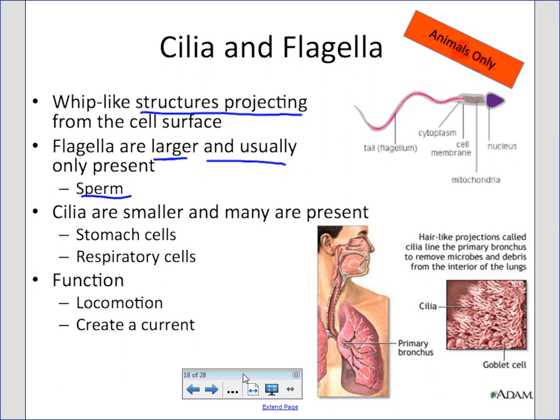Cilia are a lot smaller and are present on stomach cells, for example, and respiratory cells. Cilia can help with locomotion for some cells, depending on the cell type, or can be used to create a current, or wave-like motion, that can help move things along.